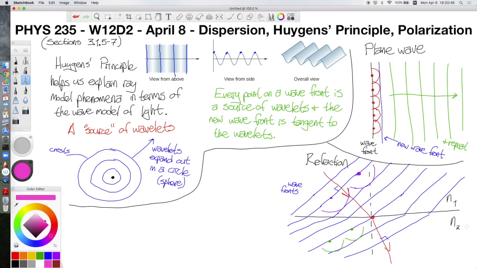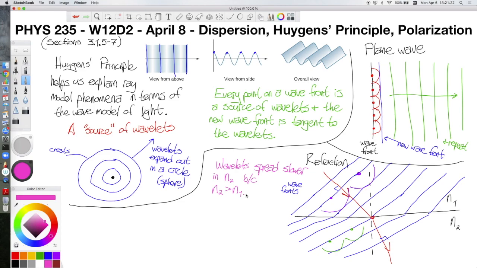So since the light travels slower, the wavelets themselves also spread out slower. Our wavelets actually expand at whatever the speed of light is in that material. And it is this slowing down of the wavefronts, because of the index of refraction, that gives you the bending of light from refraction.